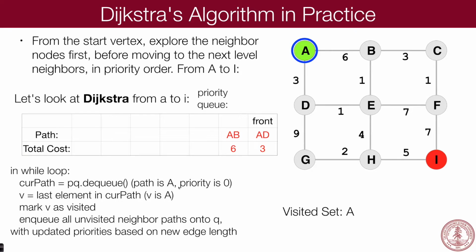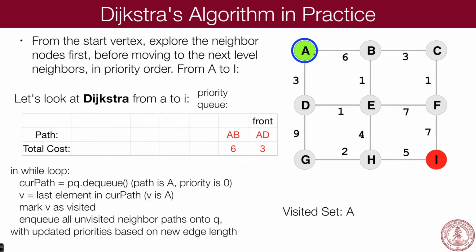So we dequeue A, and then we take the last vertex in the path, and we get all of its neighbors and update the priority queue based on those new distances. Okay, so from A, we've got A and B, which has a cost of 6.